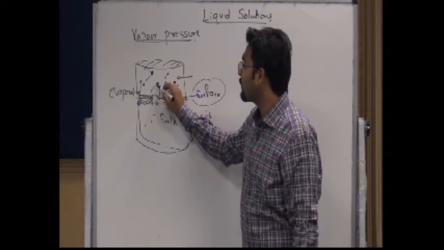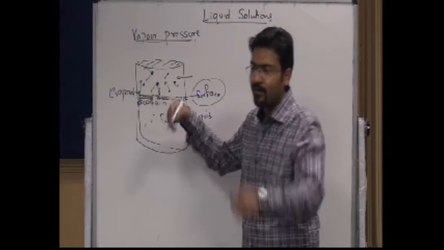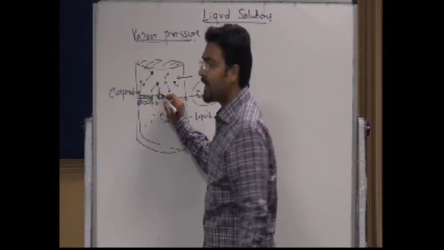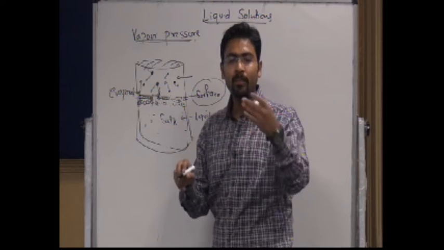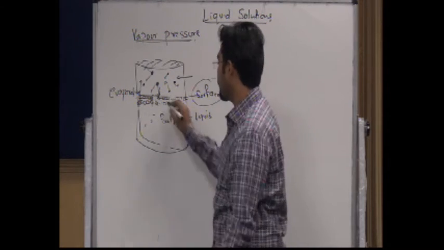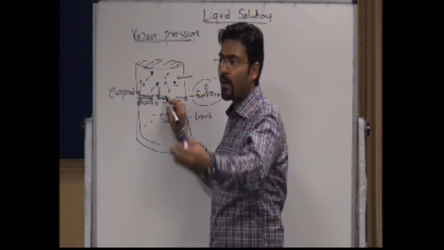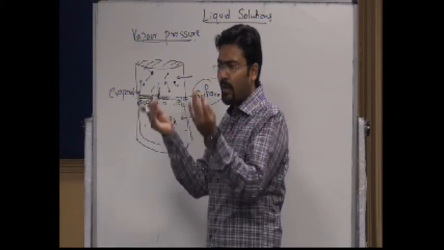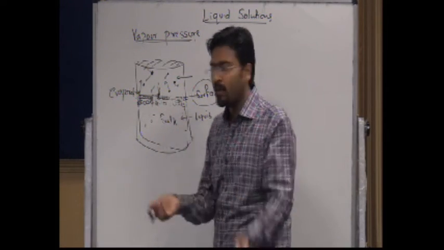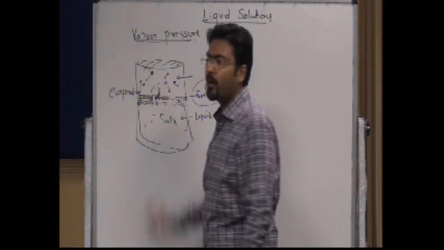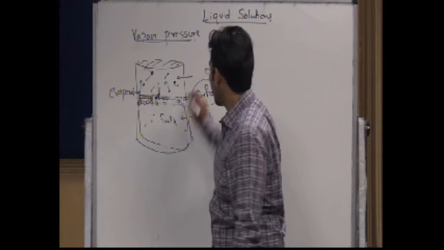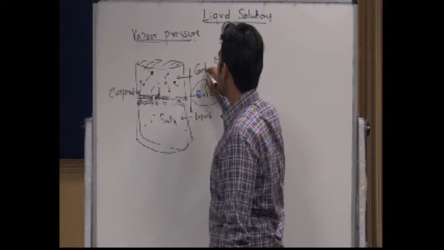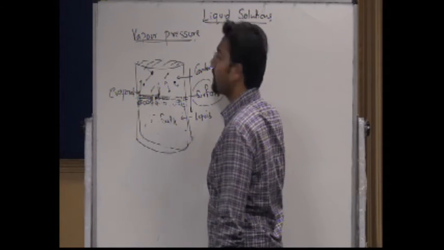In simple chemistry words, if this molecule strikes the surface, it may lose some kinetic energy and give it to the other molecule it is colliding with, and because of the closeness, the intermolecular force of attraction will increase and it will become part of the liquid state. The process is called condensation. We have studied about both of them.